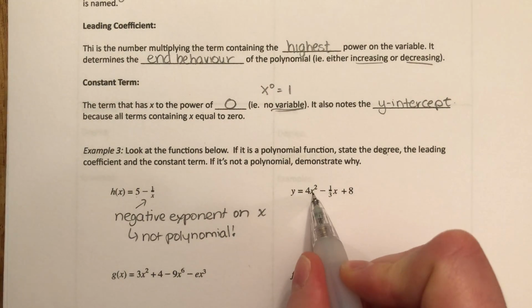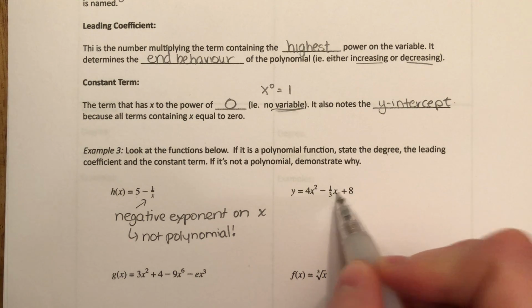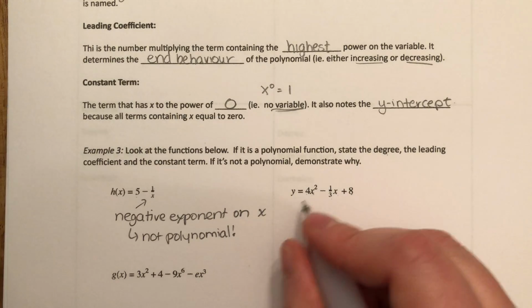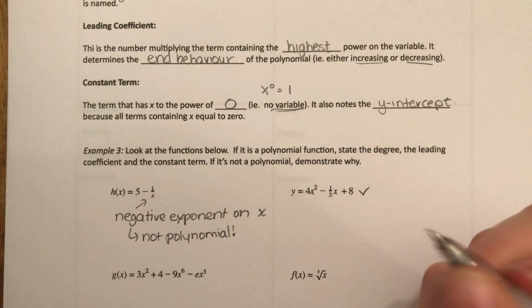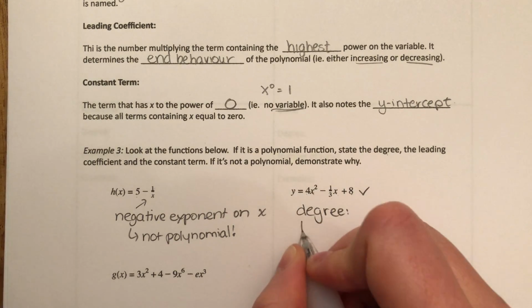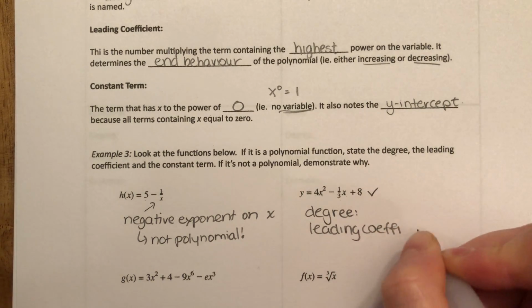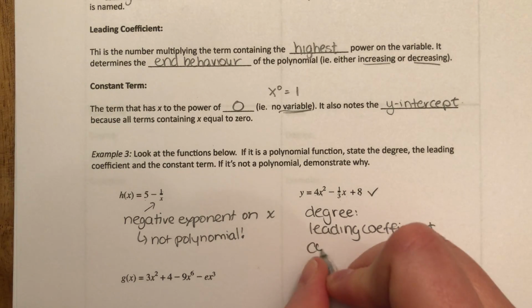This one, we've got 4x squared minus 1/3 x plus 8. So we've got an x to the 2, an x to the 1, and then a constant term. All of these numbers are real. They're fractions, but that's okay. This is a polynomial. So we want to talk about the degree, the leading coefficient, and the constant.